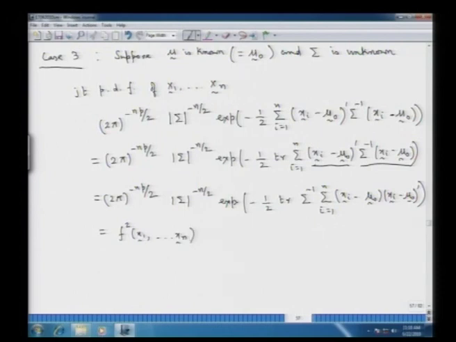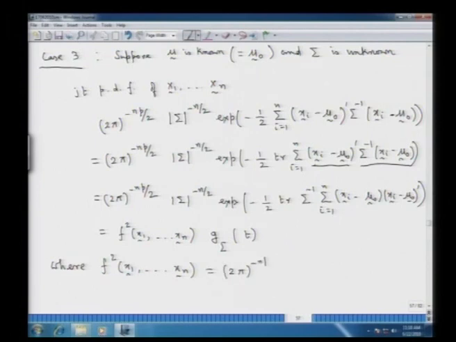Our objective is to use the Neyman-Fisher factorization theorem, and the unknown quantity is sigma now. So, we will have to write it in terms of sigma and some statistic, let us write this as some T. We will have to define what is T, where the first function f2 of x1, x2, xn would be a function of x1, x2, xn and only known quantities. If we look at this term, only this is the term which satisfies that particular criterion.